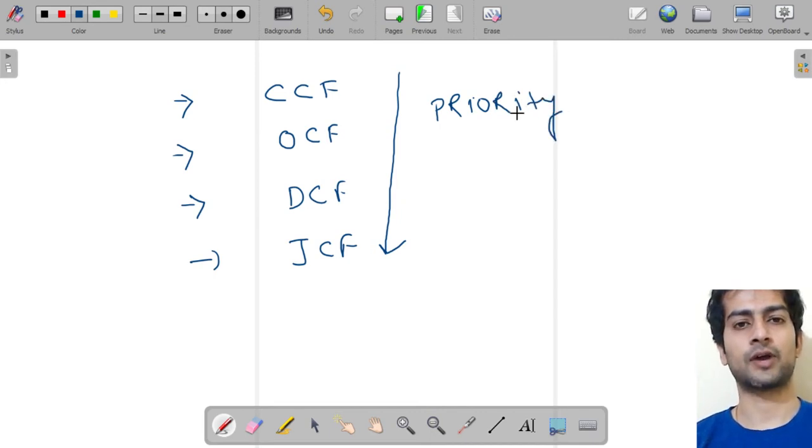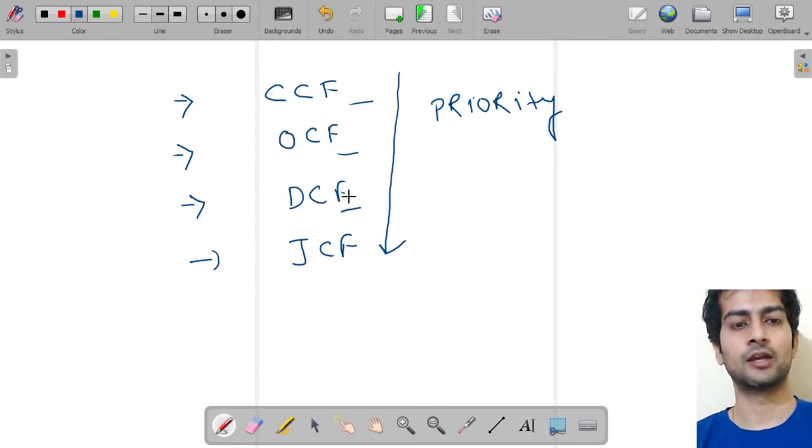Always try to find out whether the option is in CCF form. If yes, then you know the shortcut. If not, then go for OCF. Find out whether it is in OCF form. If yes, you have the shortcut. If no, then see if it is in DCF form.